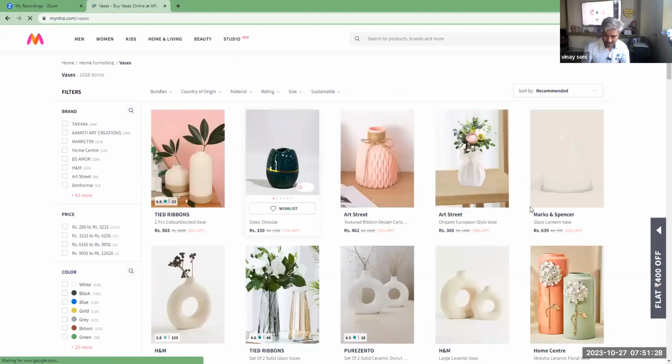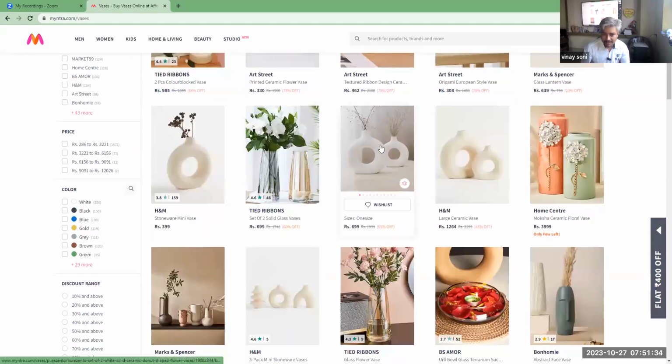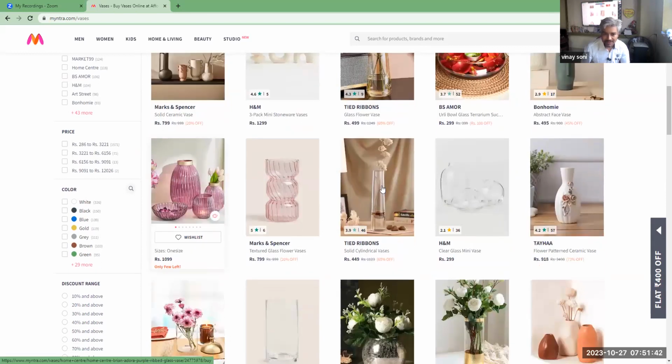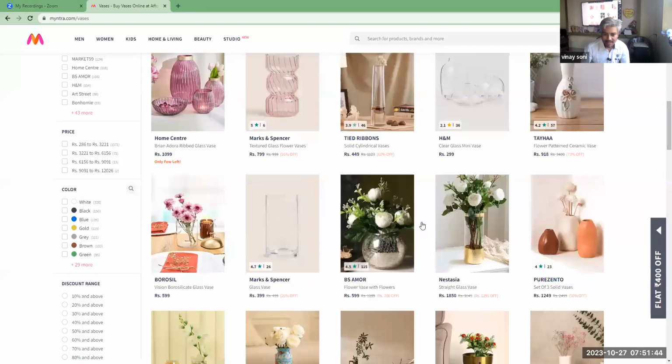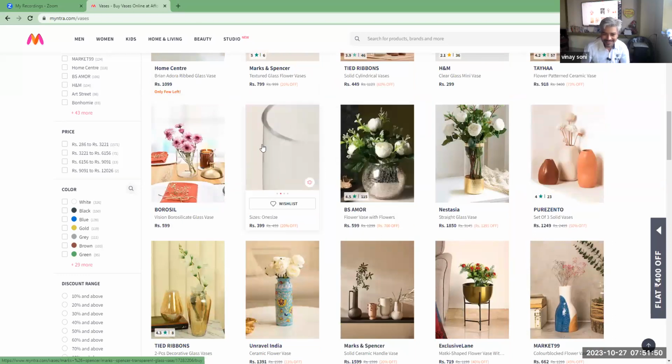These are some vases. Can you see these vases, guys? Beautiful vases. Oh, look at this. Oh, what a vase it is. This vase looks like a glass. Right? Beautiful.